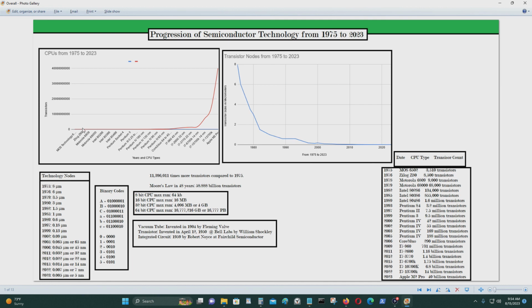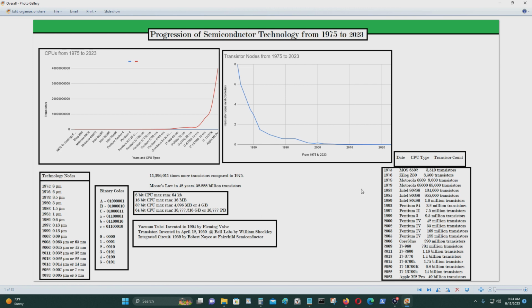And as you can see in this chart, the number of transistors for CPUs has been going up exponentially. And Moore's law states that the number of transistors doubles every 2 years.